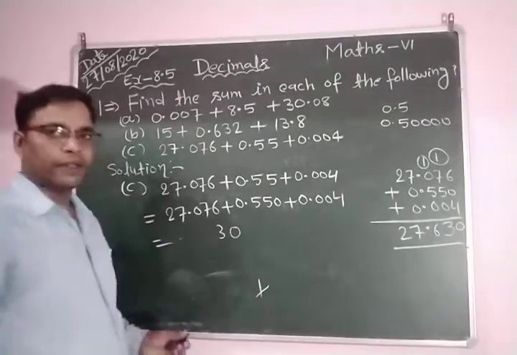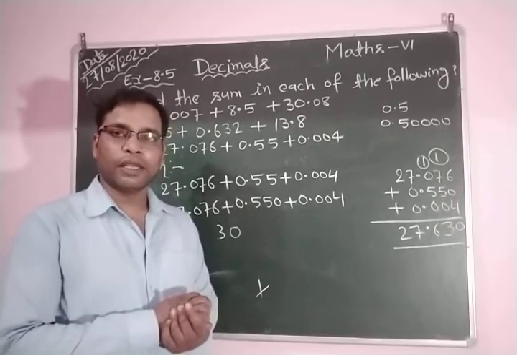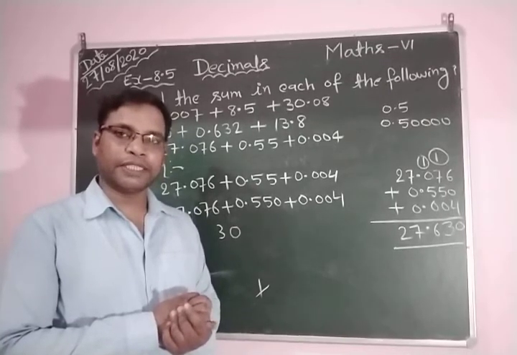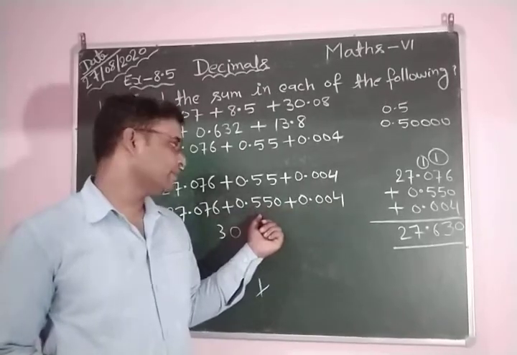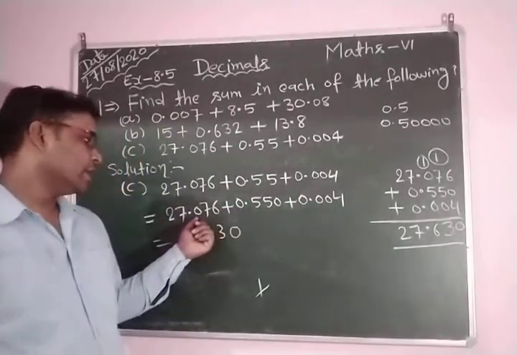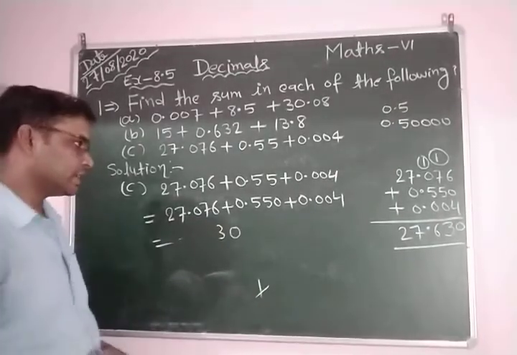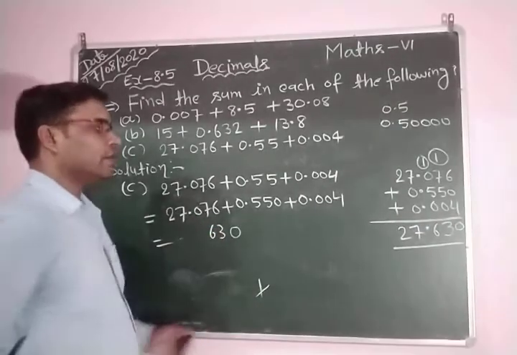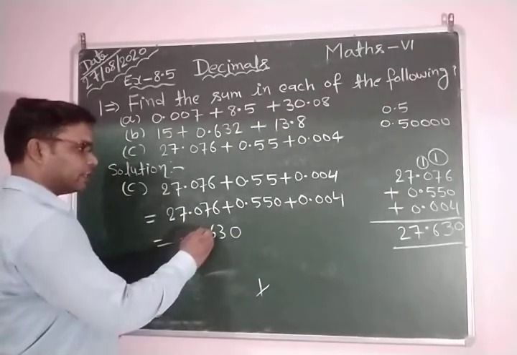Now we are going to add the tenths place digits. The tenths digits are 0 plus 5, this is equal to 5, 5 plus 0 is equal to 5, and the carry 1 makes it 6. After this we write here the decimal point.